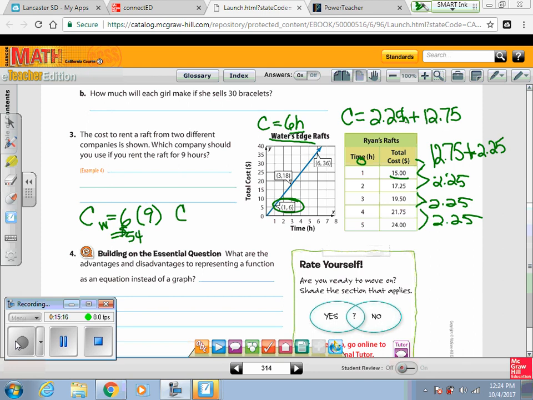For the cost of Ryan's Rafts, it's $2.25 times 9 plus $12.75. So that's going to be $20.25 plus $12.75, which is going to equal $33. So obviously, Ryan's Rafts is cheaper than the Water's Edge.